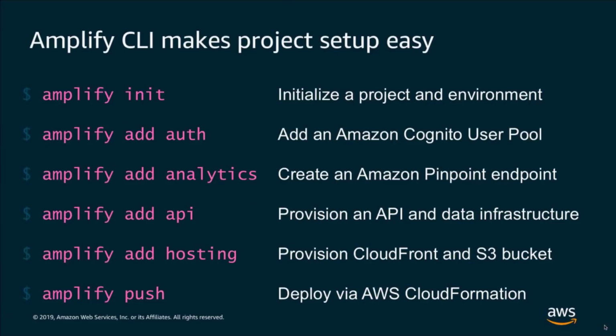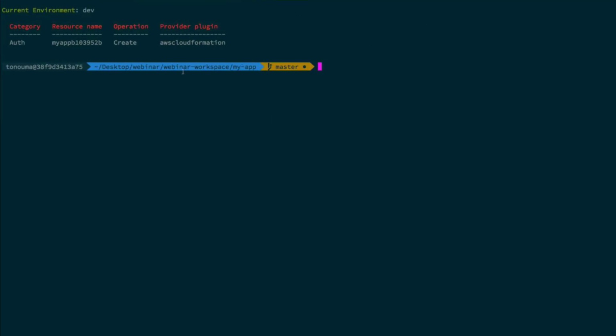So now if we look at Amplify status, we see that we have our Cognito user pool ready to be created, and the state here is ready to be created. And of course, it's going to use CloudFormation.